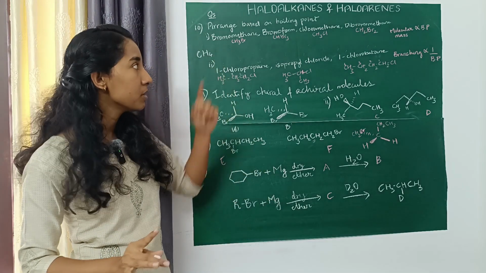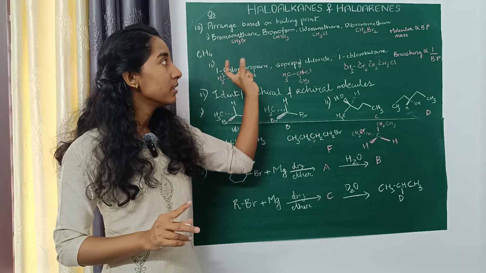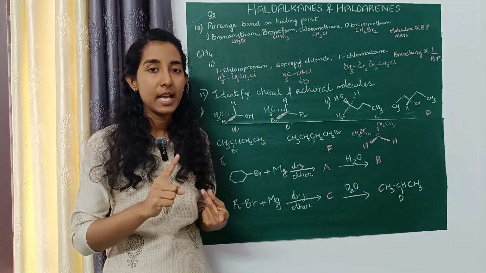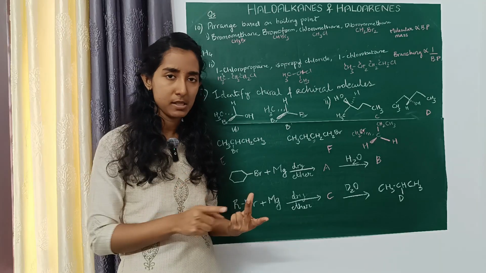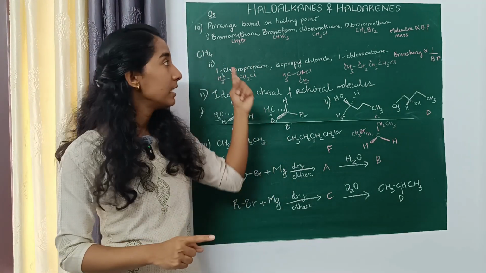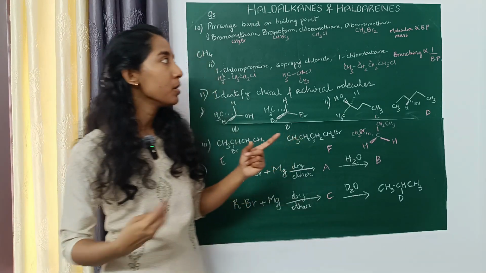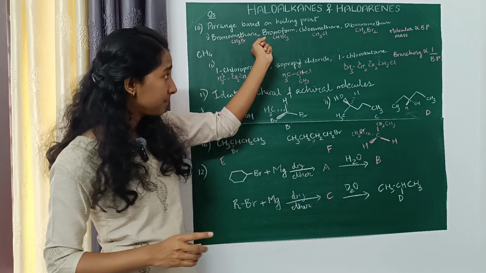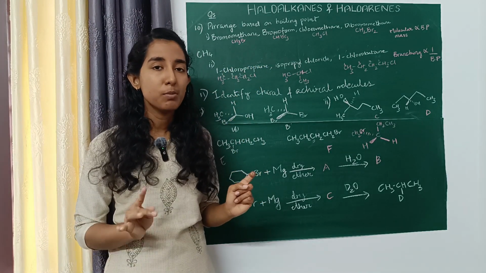To solve this question, you can see the difference is in the halogen atom: either bromine or chlorine, and either one, 2 or 3 halogen atoms. So it is the difference in the number and type of halogen atoms. How do you solve this question? What you need to remember is that molecular mass is directly proportional to boiling point.